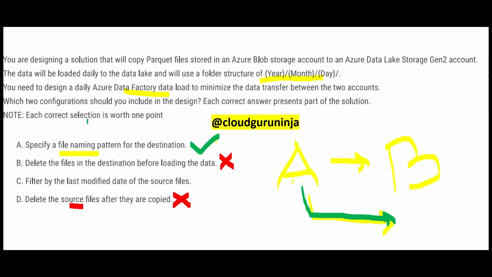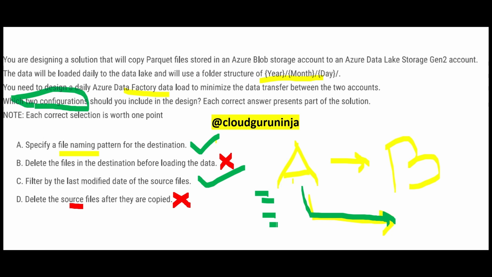So we have to choose two answers. Two configurations. The second one, option C, would be our default answer. Why? It is saying filter by the last modified date of the source files. See, A will have file 1, file 2, file 3, file 4. Boss, what should I move? It will go there and filter based on last modified date.